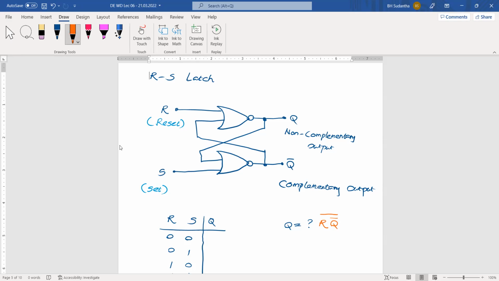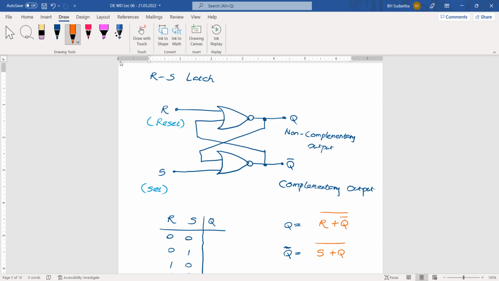So Q is R plus Q bar, NOR. Then to find Q bar, which is also an output, we need the two input lines: one input is S and the other input is Q.